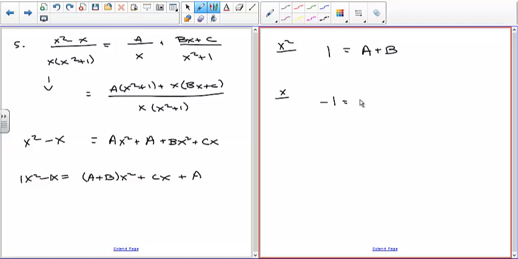And on the right-hand side we have cx. And then we have the constants, and there are no constants on the left-hand side, and there's one constant on the right-hand side. So in this case, we have our first result: a is equal to 0.